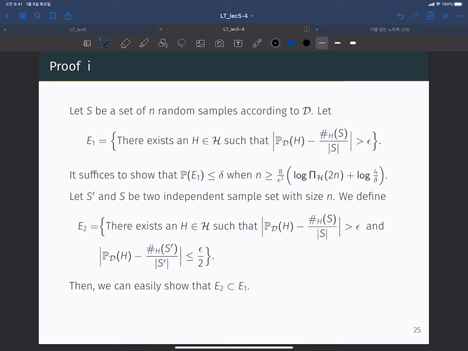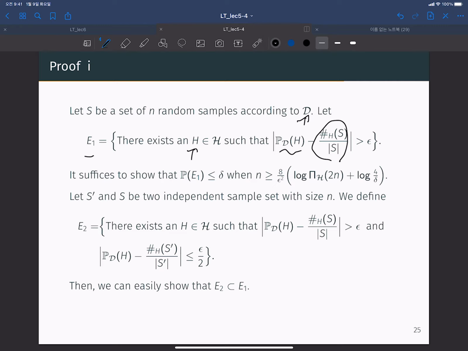So let S be the set of n random samples according to the data generation process D, and let us define E1 as the event that there exists a hypothesis H such that the test error minus the training error, the number of data points belonging to the hypothesis H over set S, is greater than epsilon.